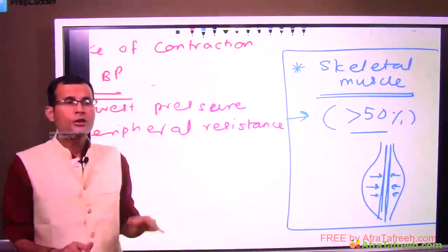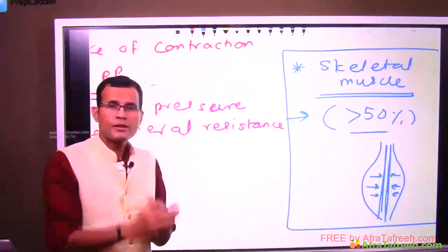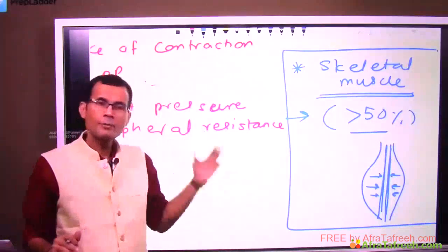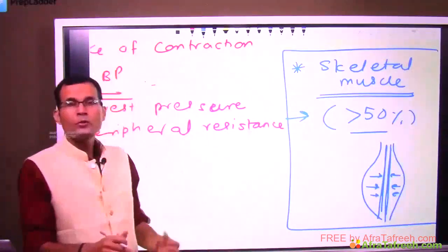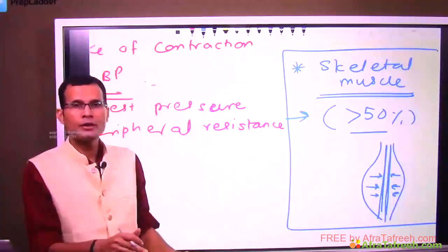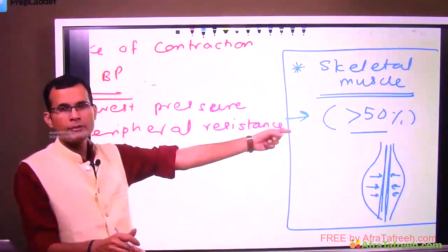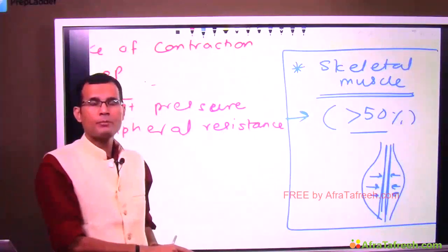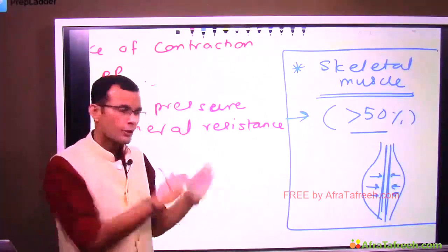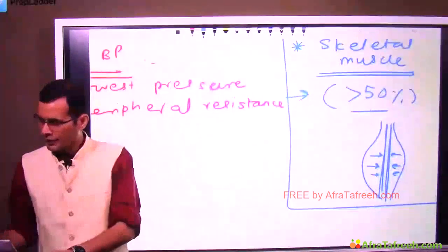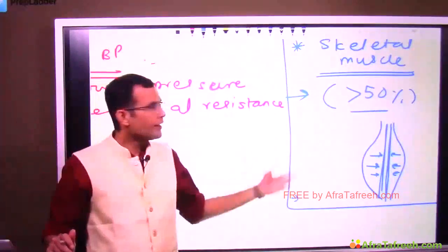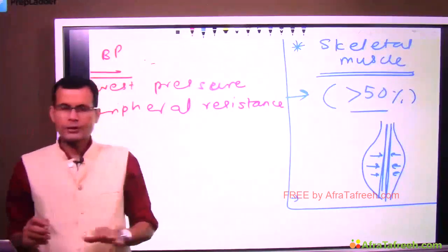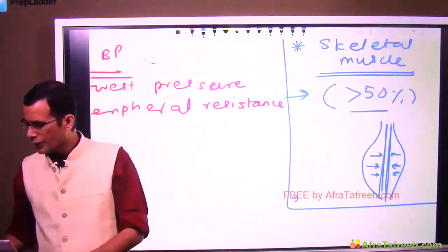So these two things you must remember when we discuss the exercise, cardiovascular physiology in exercise. I will be asking you these things again. Who is the greatest contributor to the peripheral resistance? Skeletal muscle. And peripheral resistance is indicated by which type of blood pressure? Diastolic blood pressure. Okay, let me just complete it here. After the skeletal muscle, the next circulation that contributes is the cutaneous circulation.